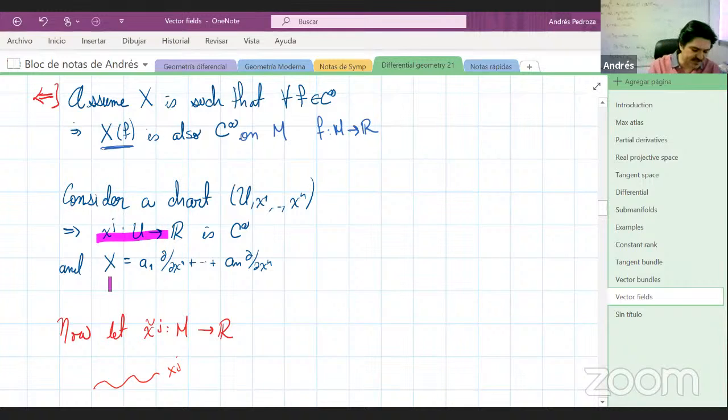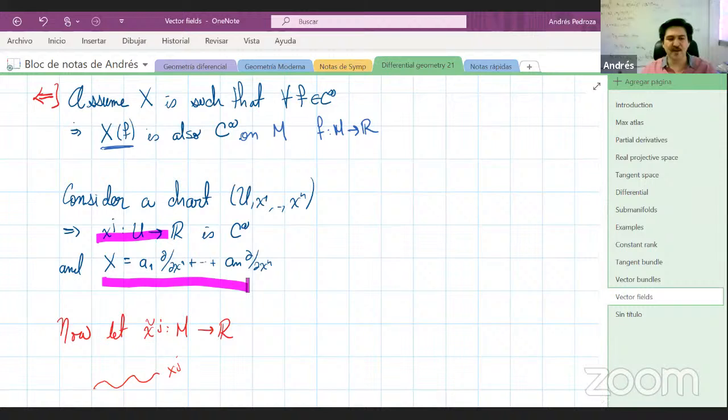And moreover, X looks like this. And then I would like to show that the functions A are smooth. I'm going to show that they are smooth first in a small neighborhood of P, maybe smaller than U, not in U, by extending by a bump function.